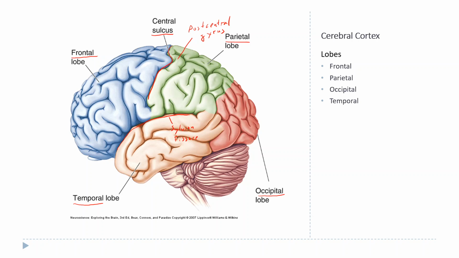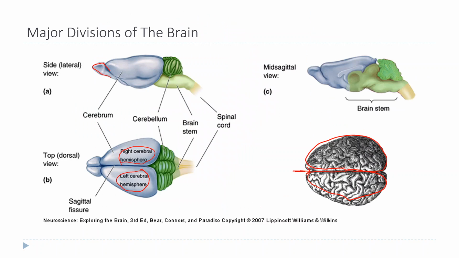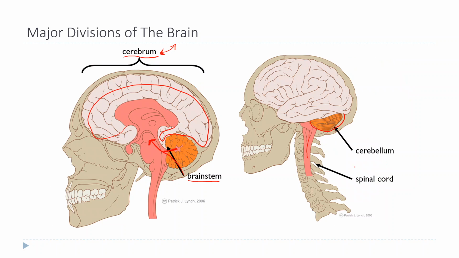But there's also a medial surface. You can't really see it in this view, but if you look at the top view, you can kind of tell, or actually this is a better view up here. Here we're looking at the medial surface of the brain. So for example, this roughly would be the medial frontal lobe.